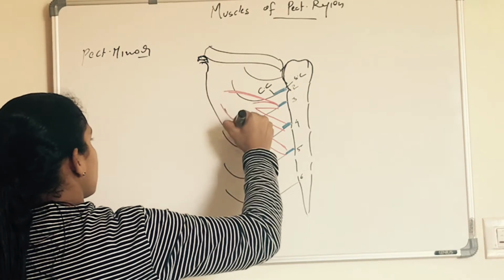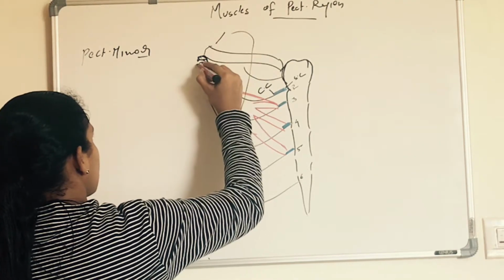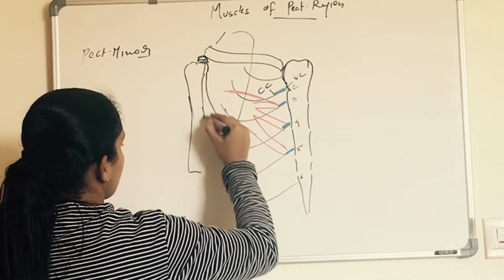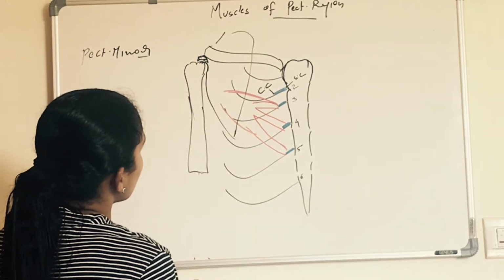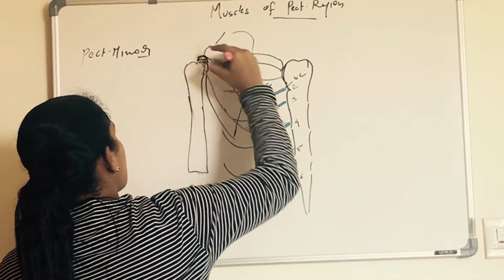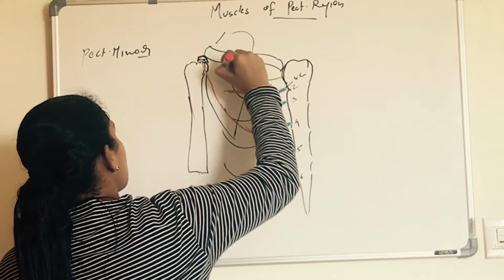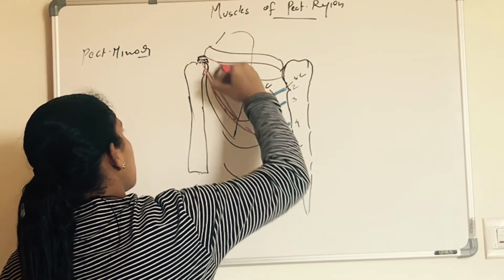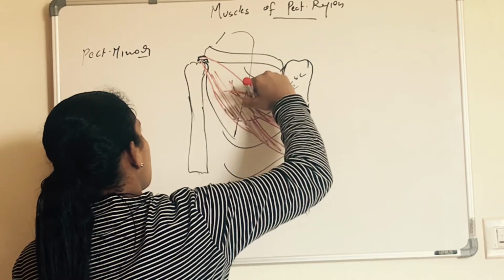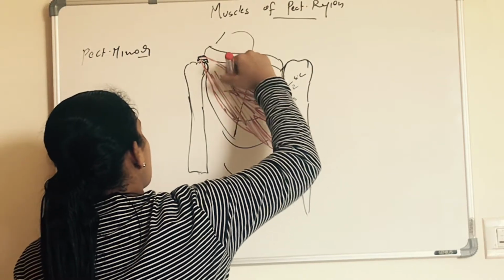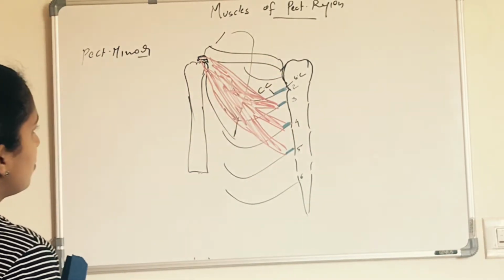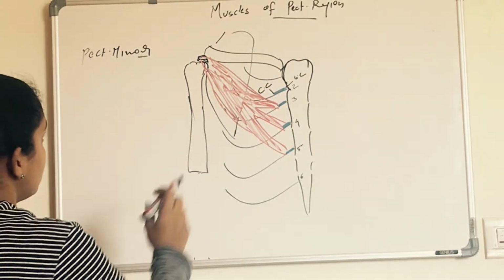This coracoid process has 3 muscle attachments: coracobrachialis, short head of biceps, and insertion of pectoralis minor. Where exactly in the coracoid process is the pectoralis minor inserted? You should remember this pectoralis minor is the muscle which divides your axillary artery into 3 parts.